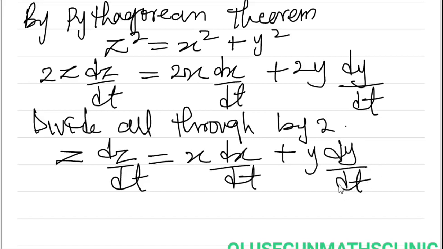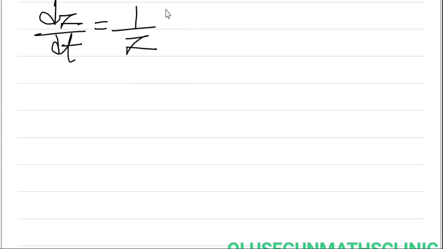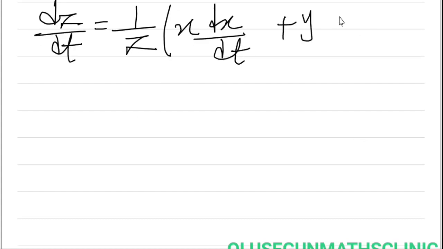So let's now make dz/dt the subject of the formula. So we now have dz/dt is equal to 1 over z times x dx/dt plus y dy/dt.